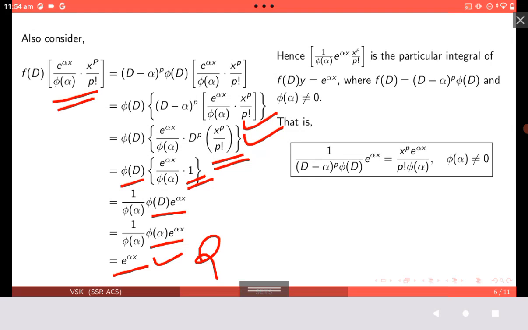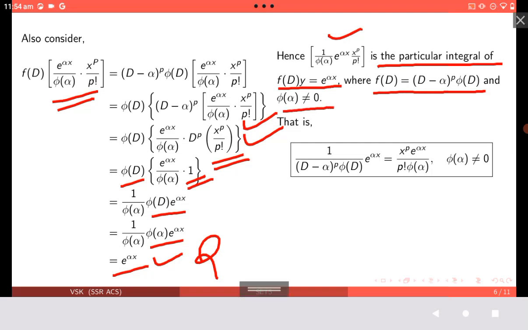It means that 1 upon phi alpha e to the power alpha x, x to the power p upon factorial p, is the particular integral of f(D)y = e to the power alpha x, where f(D) is equal to (D minus alpha) to the power p phi D, and phi alpha is not equal to 0.